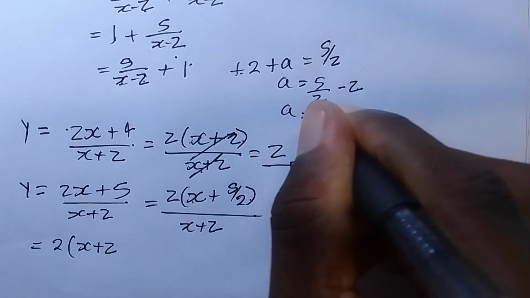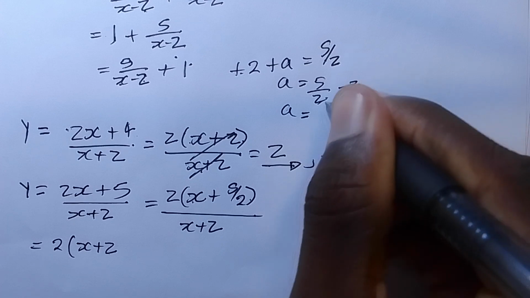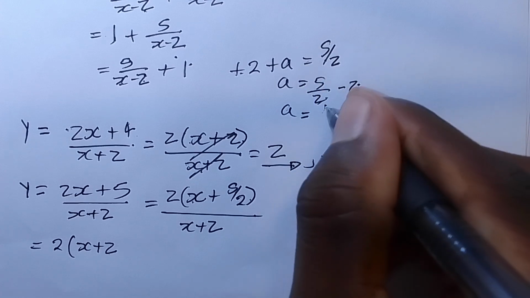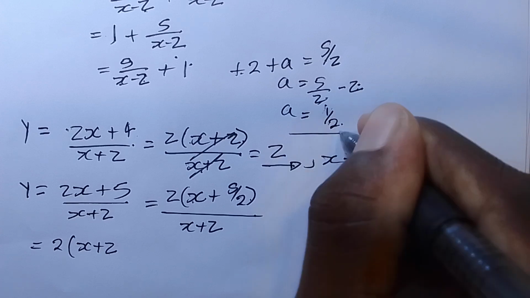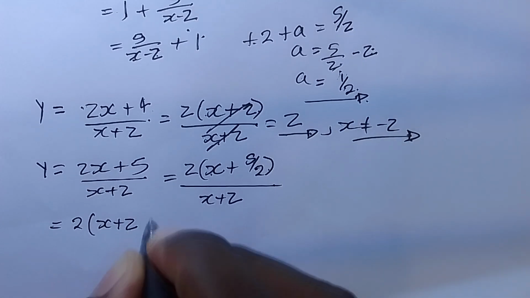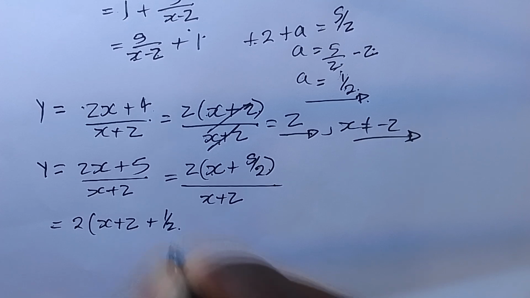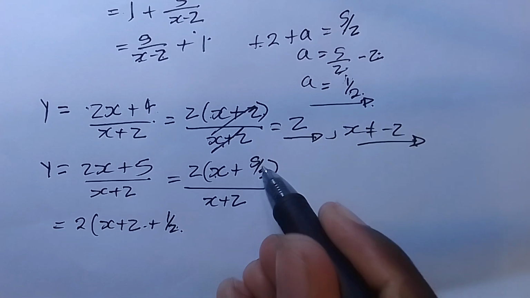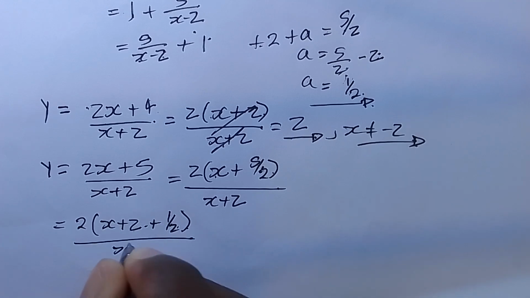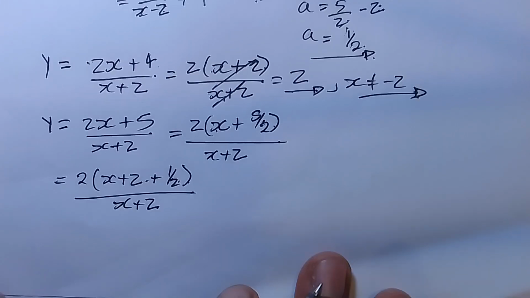You do this on a calculator, you're going to get 1 over 2. So you have to add 1 over 2 so that it can be reversible to 5 over 2. And then divide by x plus 2.